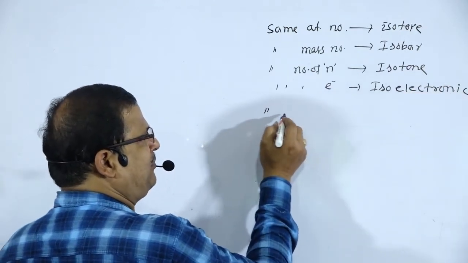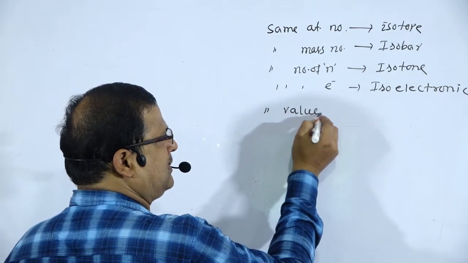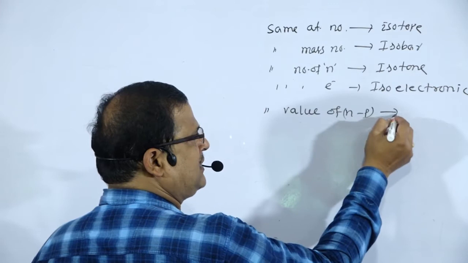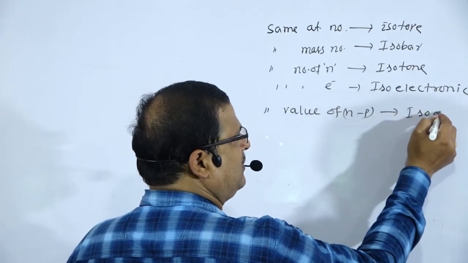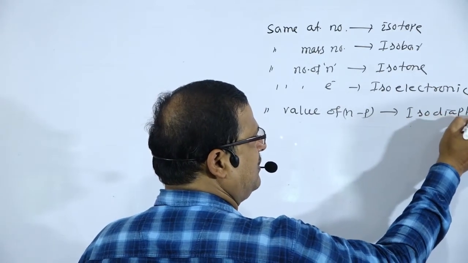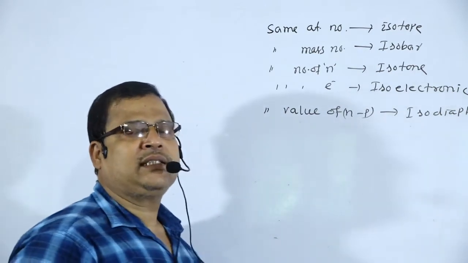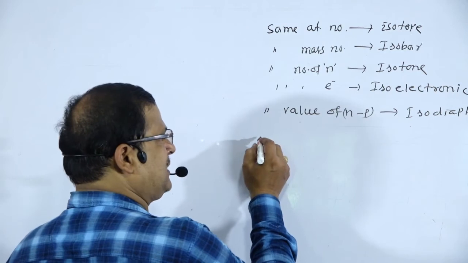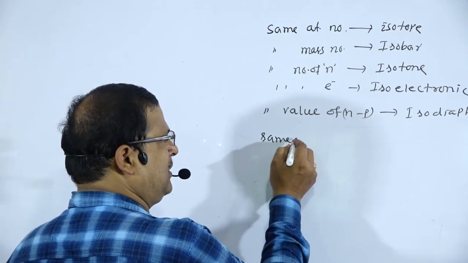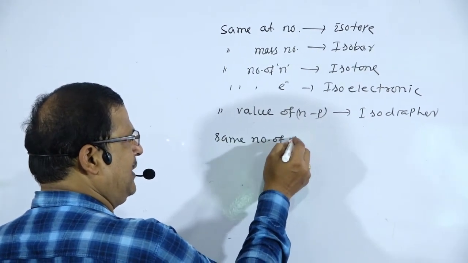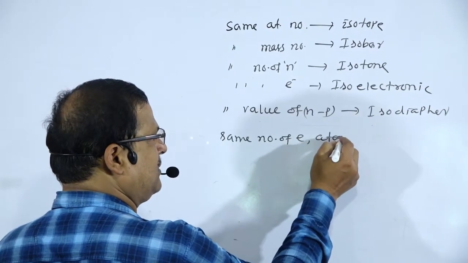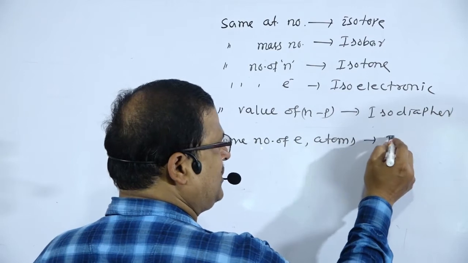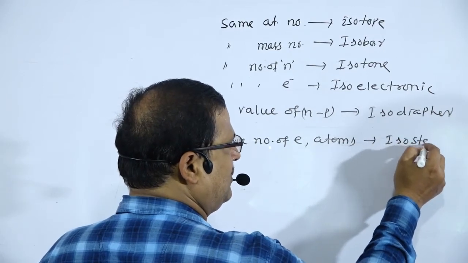That is having the same value of n minus p, that is known as isodiapher. So all the other terms that are related to element, but if we take the same number of electrons and atoms, they are having the same number of electrons and atoms, that is isostar.